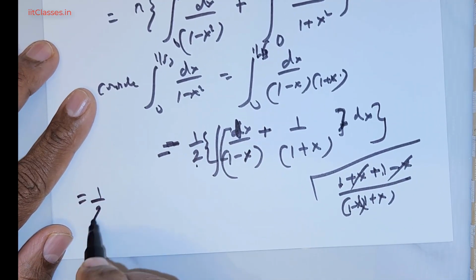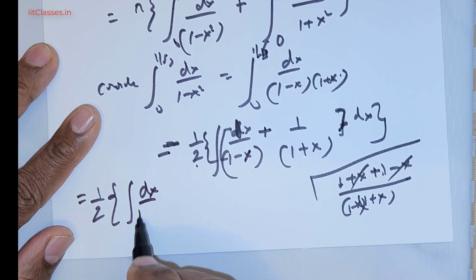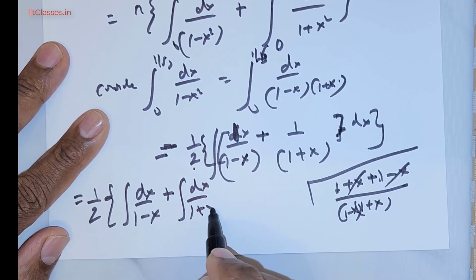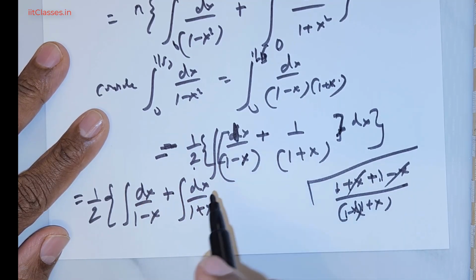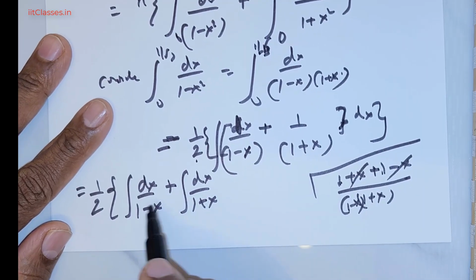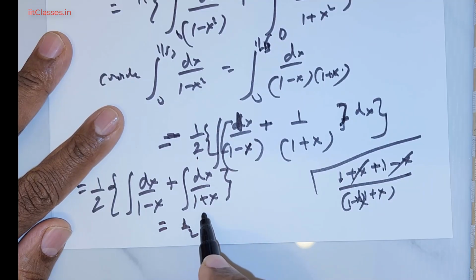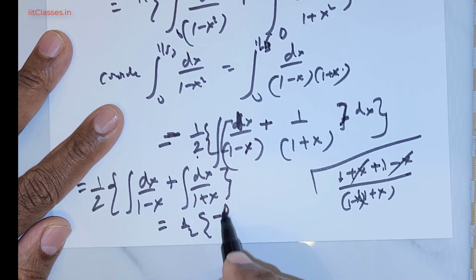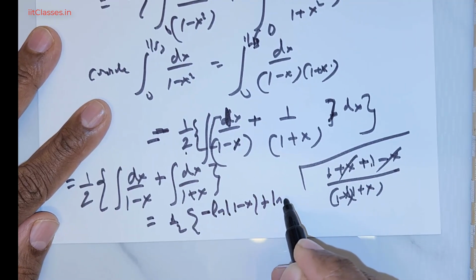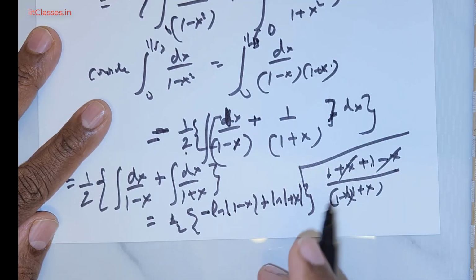So this is equal to 1 over 2 times the integral of dx over 1 minus x plus the integral of dx over 1 plus x, okay? So now if I utilize a log, this is going to be 1 over 2 times negative ln of 1 minus x plus ln of 1 plus x, okay? This is what we've got.